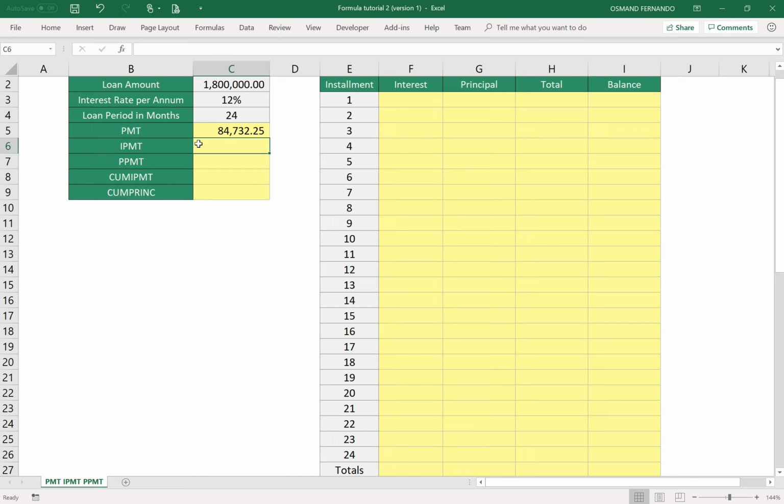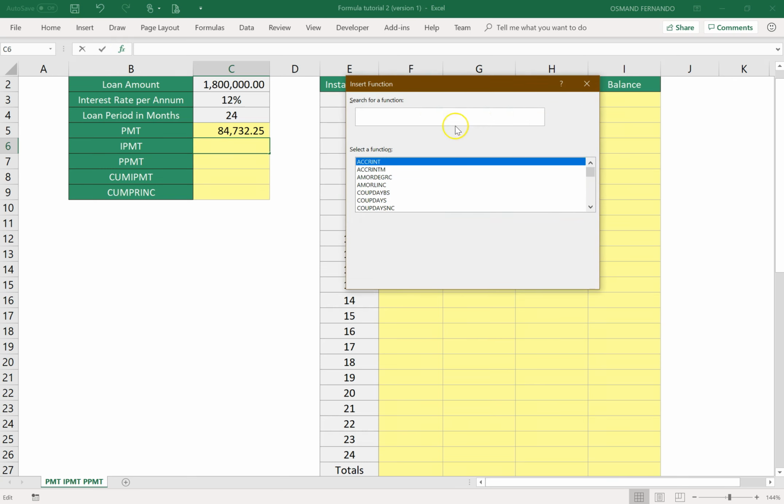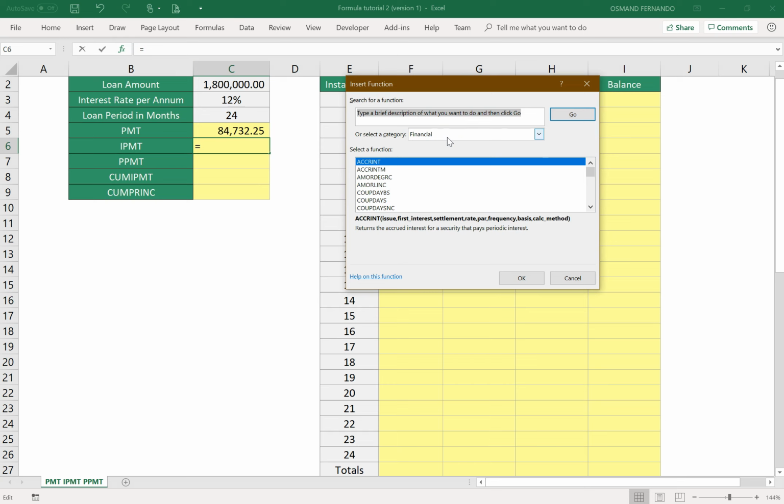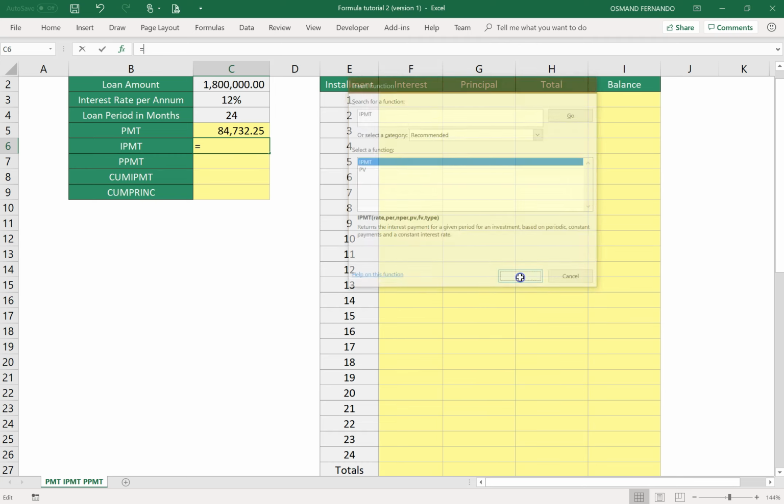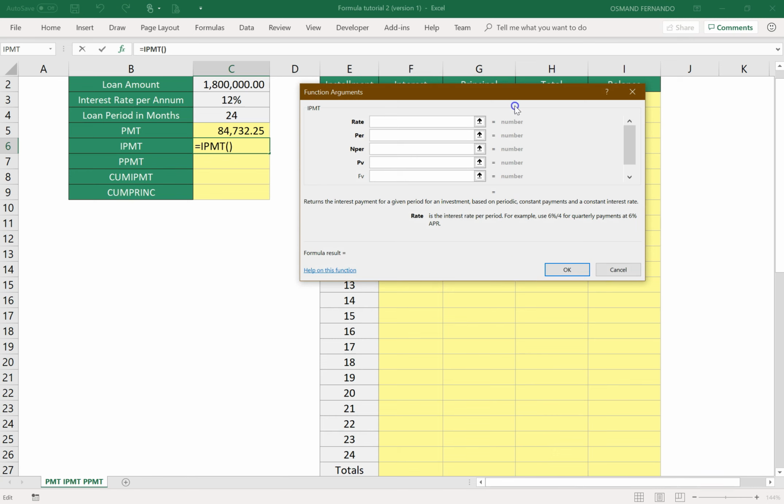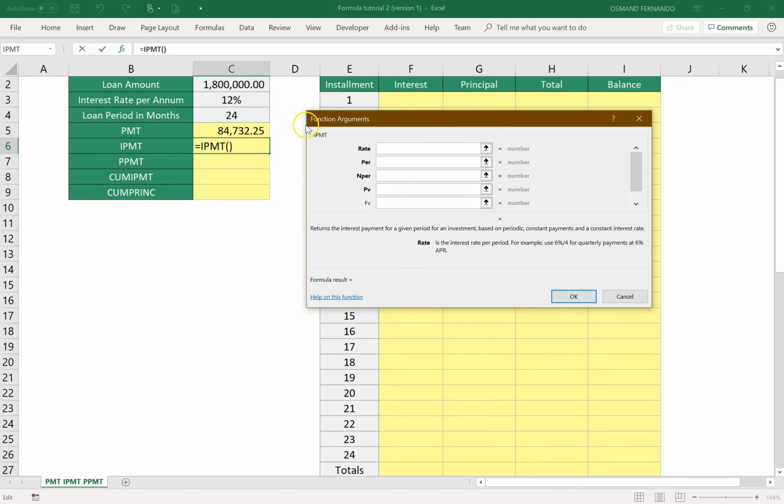Now let's do that. For that also I will use the function argument. I'm in the financial category, so my formula is IPMT. That is another way we can search. Select IPMT, click OK. Rate, same way, 12% divided by 12.